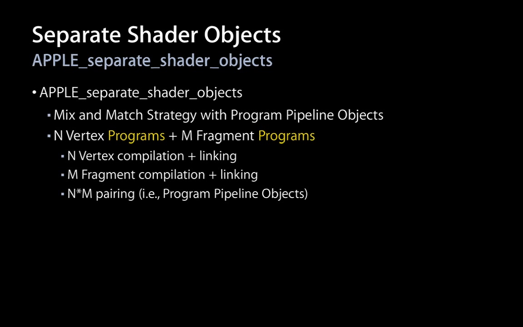So if you have 5 vertex shaders and 10 fragment shaders, it means that you need to create 5 vertex programs and 10 fragment programs, and then you can pair them as much as you want. So instead of 50 compilations on the vertex side, 50 compilations on the fragment side, and 50 times linking, you basically do a lot less work on the CPU side.